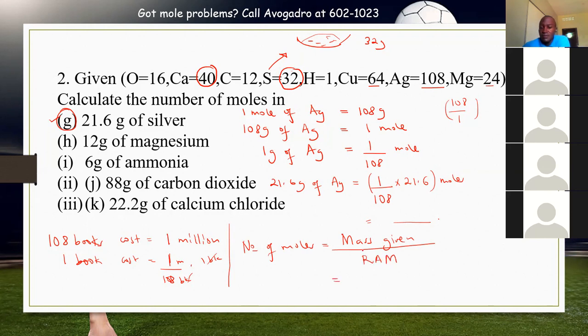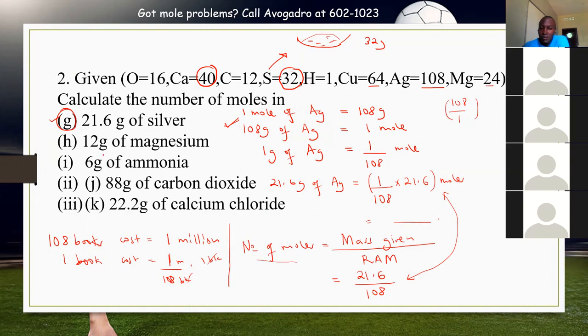So we shall have the mass given, 21.6, divided by the Rfm of silver, which is 108. So you realize that this and this are actually the same. So either way, you arrive at the same thing. Although this will be common in practicals, whereby they will need you to go through the actual steps from first principles rather than using a formula.